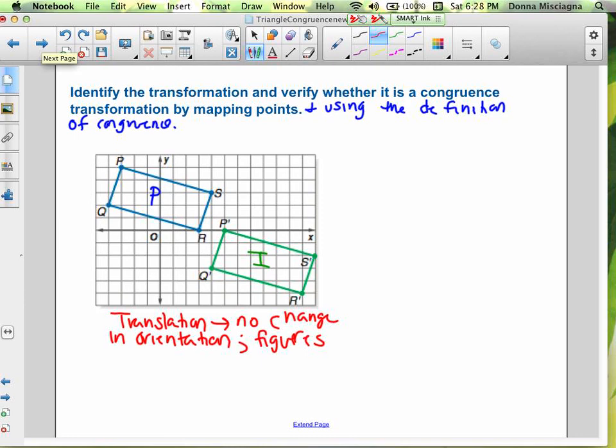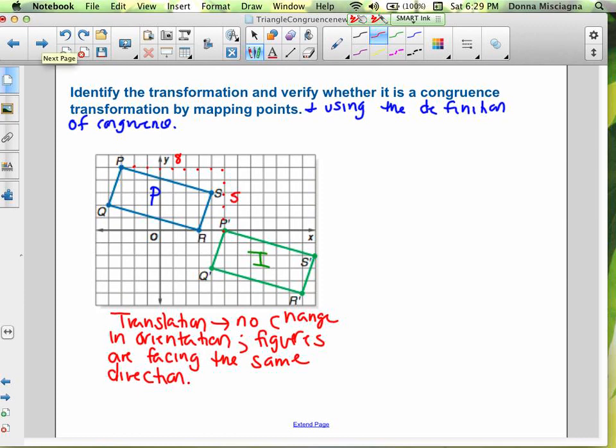Rotations and reflections change the orientation. From P to P prime, I'll go 1, 2, 3, 4, 5, 6, 7, 8 to the right, and then 1, 2, 3, 4, 5 down.